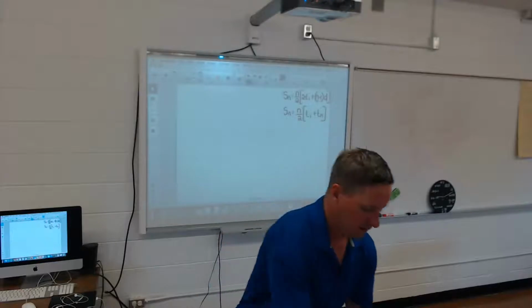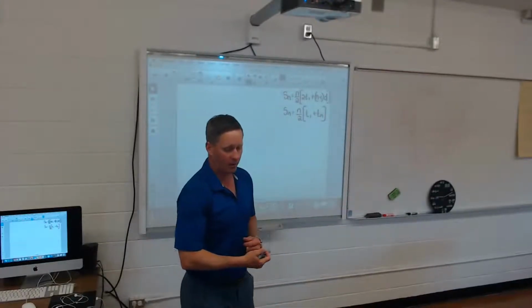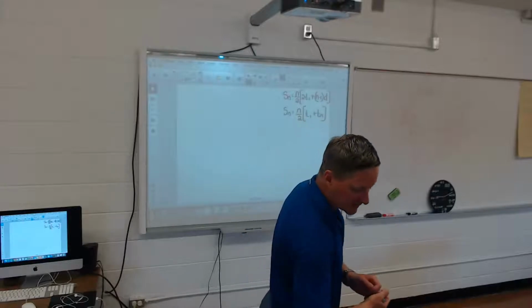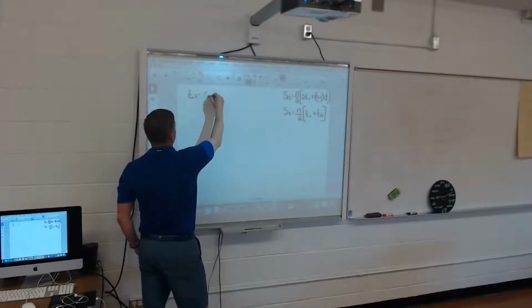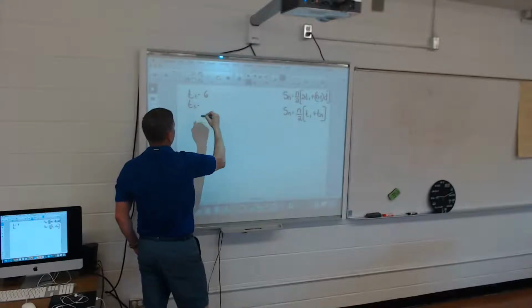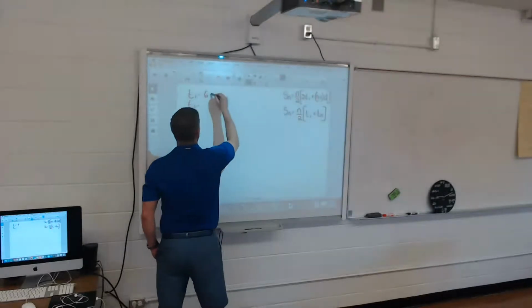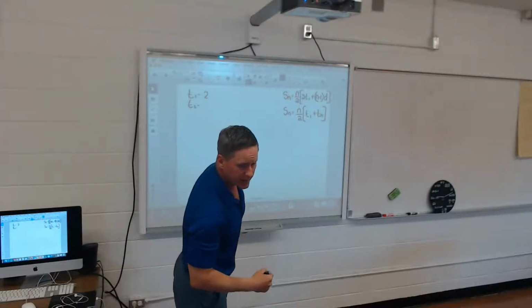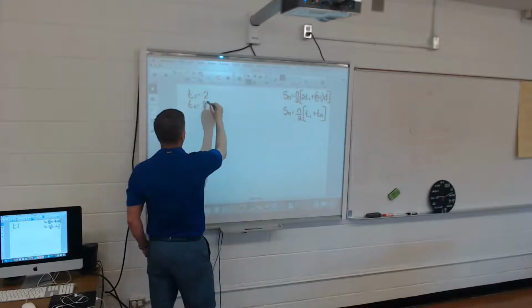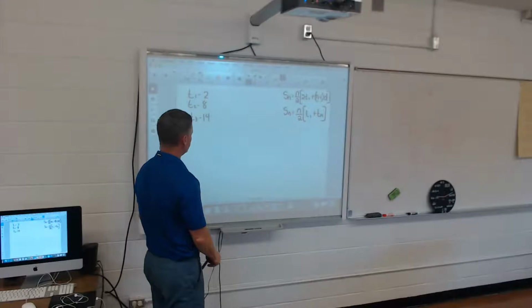Okay, so just to look at the very first example on 1.2, so page 51, 6a. So term 1 is 2, my bad. Term 2 is 8, and term 3 is 14.